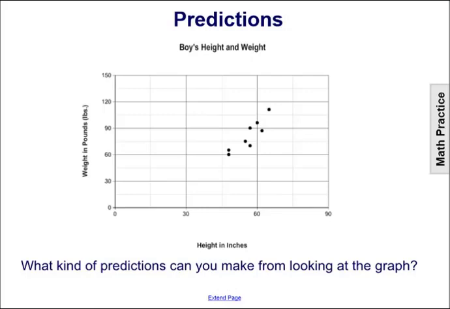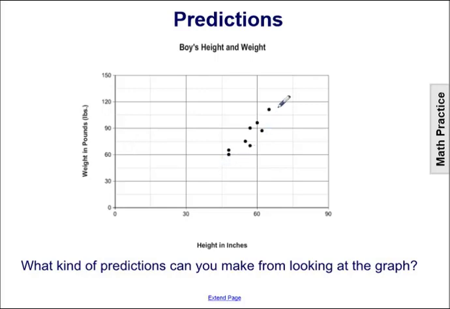Now, when looking at scatter plots, we also can make predictions about data points that we don't have. So here we have a scatter plot that's comparing a boy's height and weight. What kind of predictions can you make from looking at the graph? So think about the two variables you're comparing.